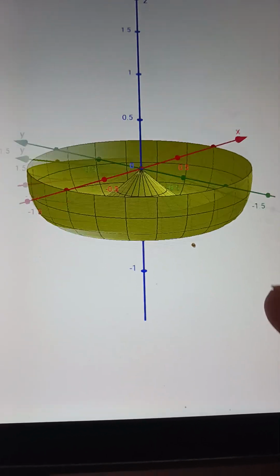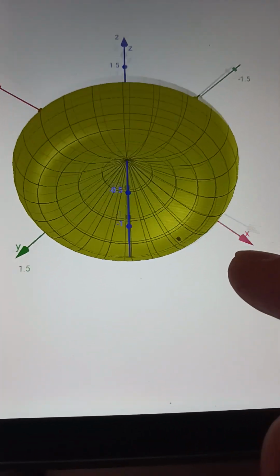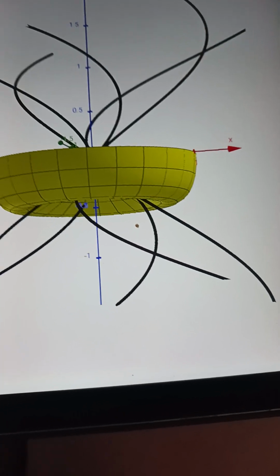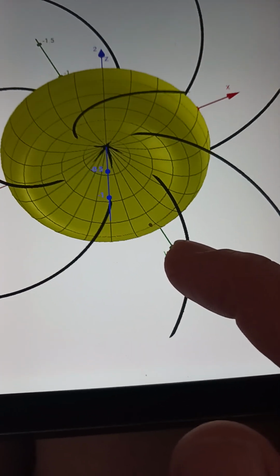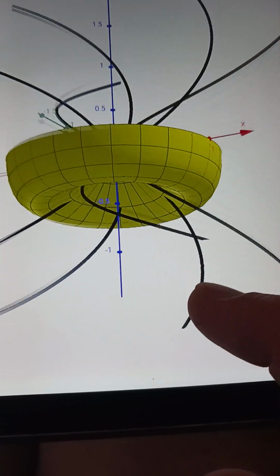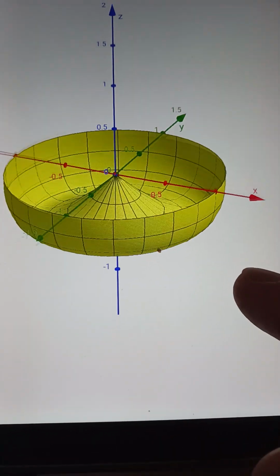Okay, so this is expanding. This would be an electron because it's expanding. This is divergence. There's some field lines. And then the other half of the universe is the convergent part.